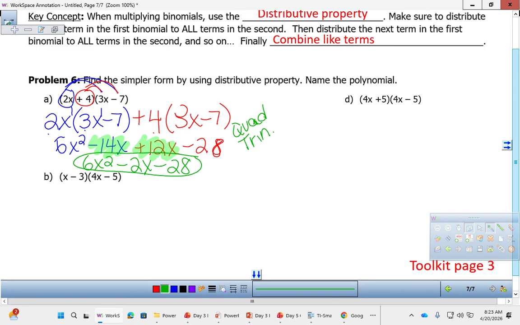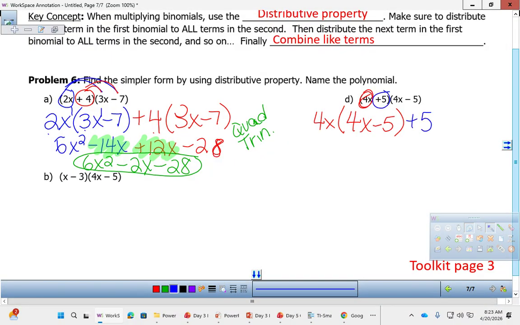All right, so when I am multiplying a binomial, 2 terms, by a binomial, 2 terms, I'm taking the first number and putting it in parentheses next to the entire second binomial. And then I'm taking the second number in the first one.